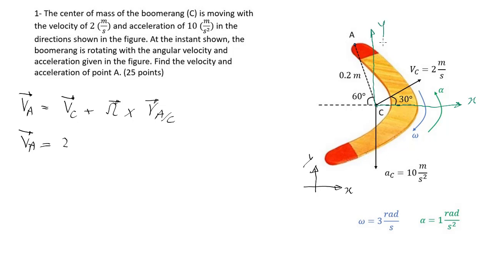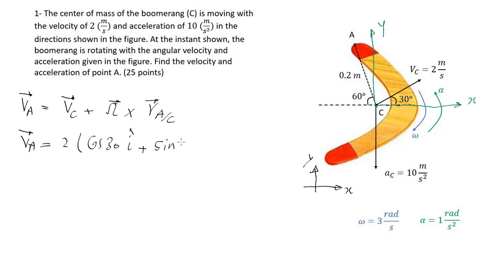So we have VC, 2 meters per second in this direction, so that is going to be 2 times cosine 30 in the i direction, the projection of this vector in the X direction, plus 2 times sine 30 in the j direction.